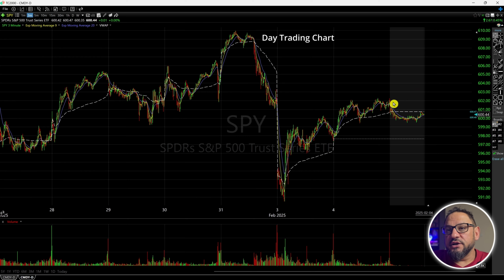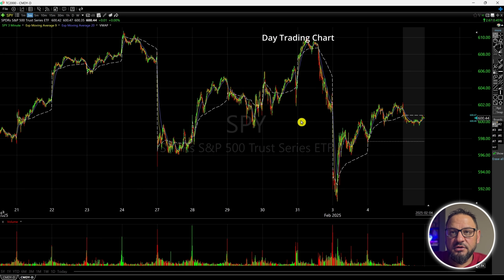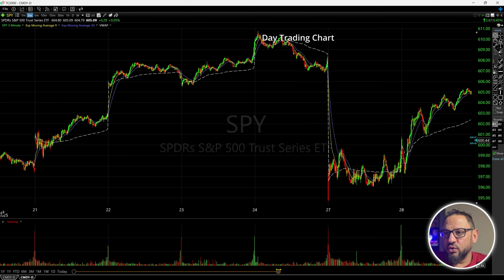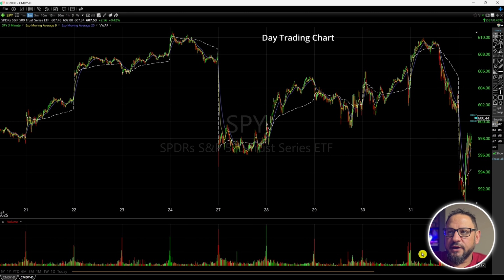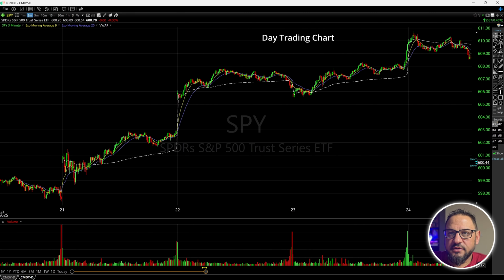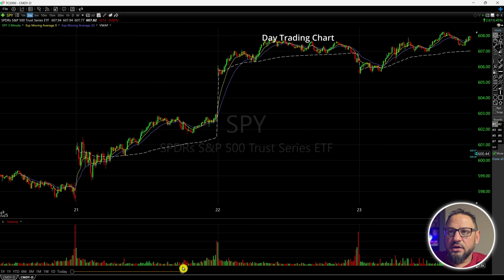So in my daily chart, I use the Fibonacci retracement level. What I'm going to do here, I'm just going to show you how sometimes I use it. So let's say I want to see if I find a trade here.